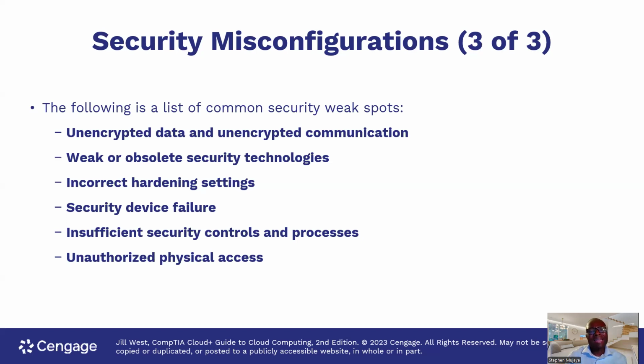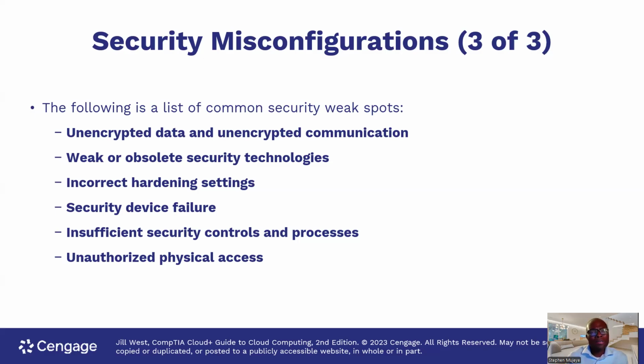Unencrypted data and unencrypted communication. Make sure that the data is always encrypted. Same thing goes with the communications as well. Weak or obsolete security technologies. I know there was a story recently about some protocols, like point-to-point tunneling protocol.